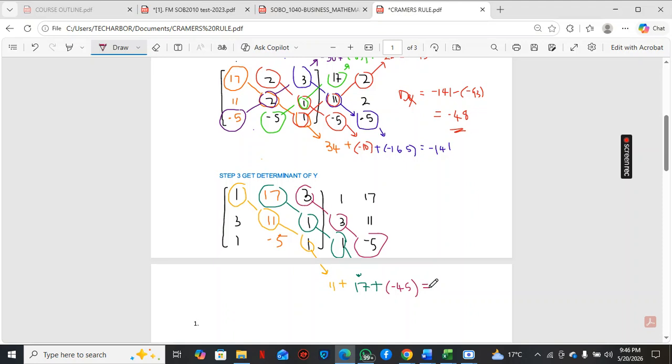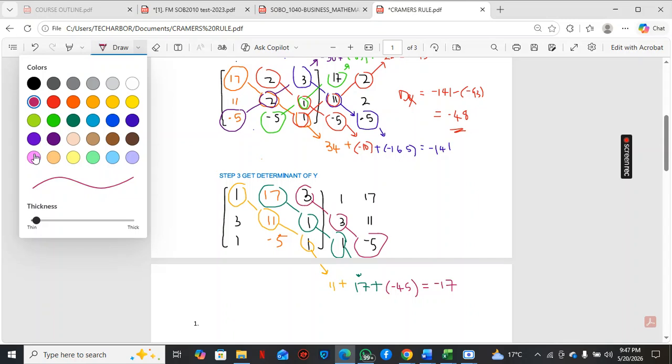So 11 plus 17 minus 45, negative 17. And we go to our next diagonals, going from the bottom up.